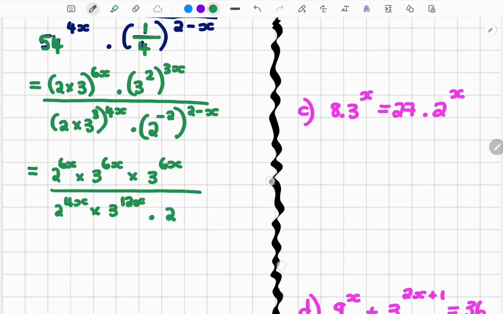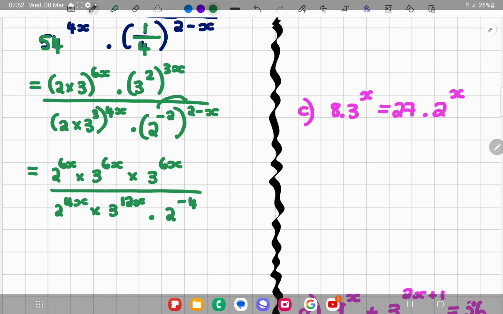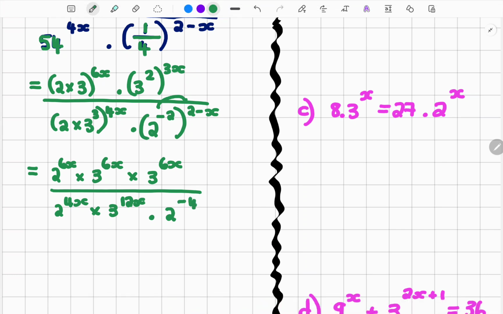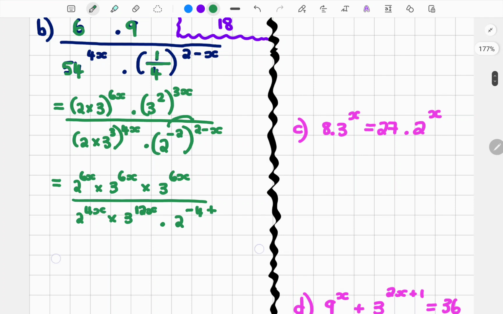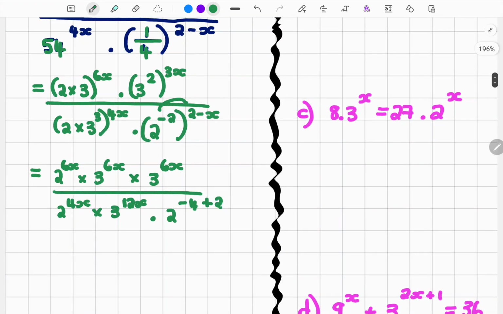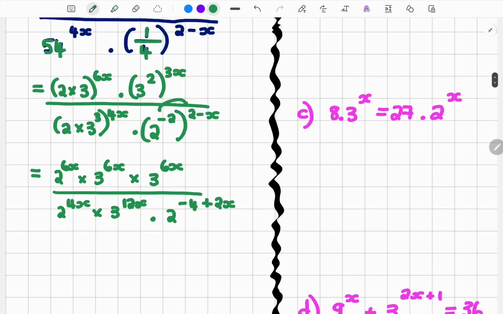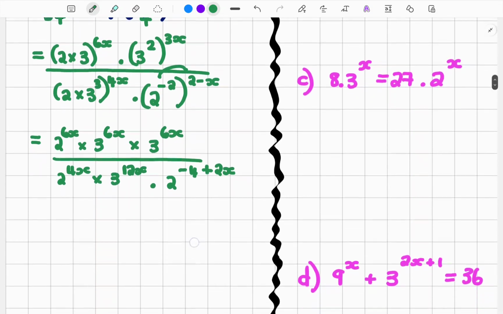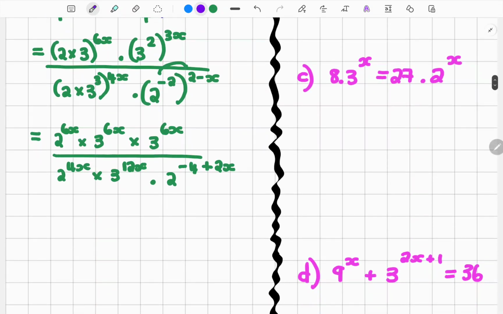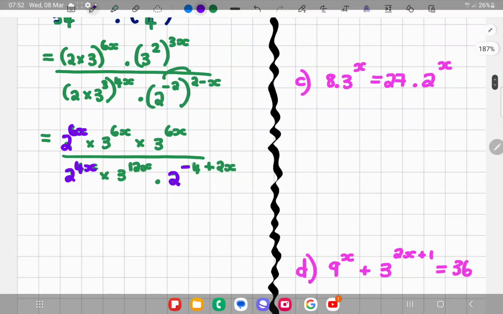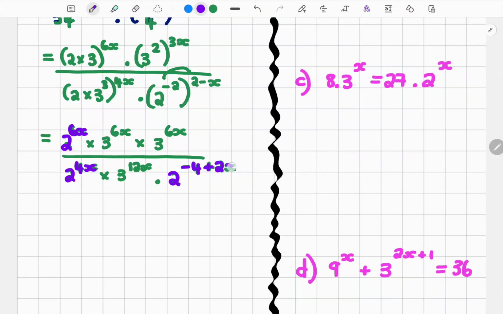Times 2 to the power: a negative 2 times a positive 2 gives you a negative 4, and a negative 2 times a negative x gives you a positive 2x. So let's see, negative 4 plus 2x. All right, now all the ones with the same bases: there's a 2 to the power 6x, here's a 2 to the power 4x, and here's a 2 to the power negative 4 plus 2x.